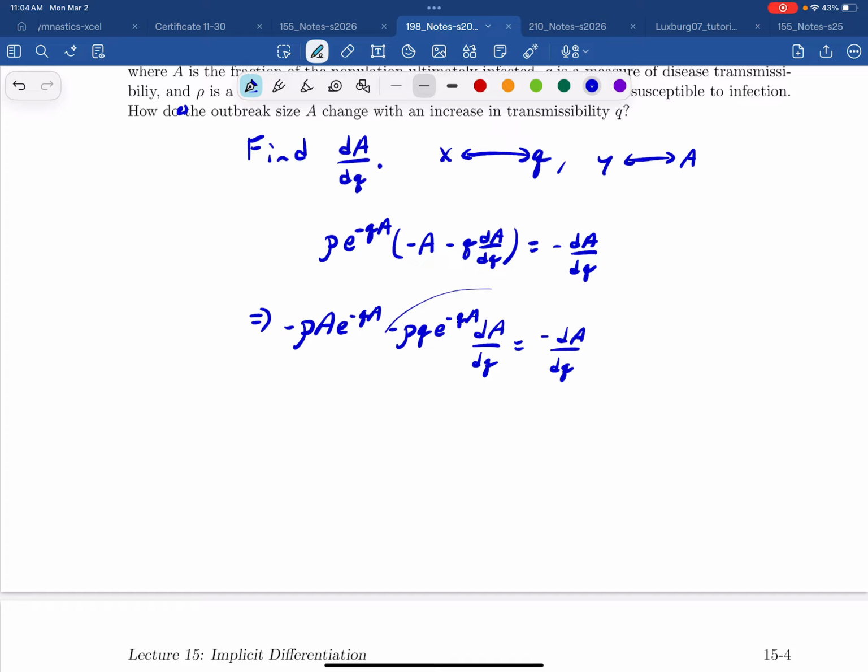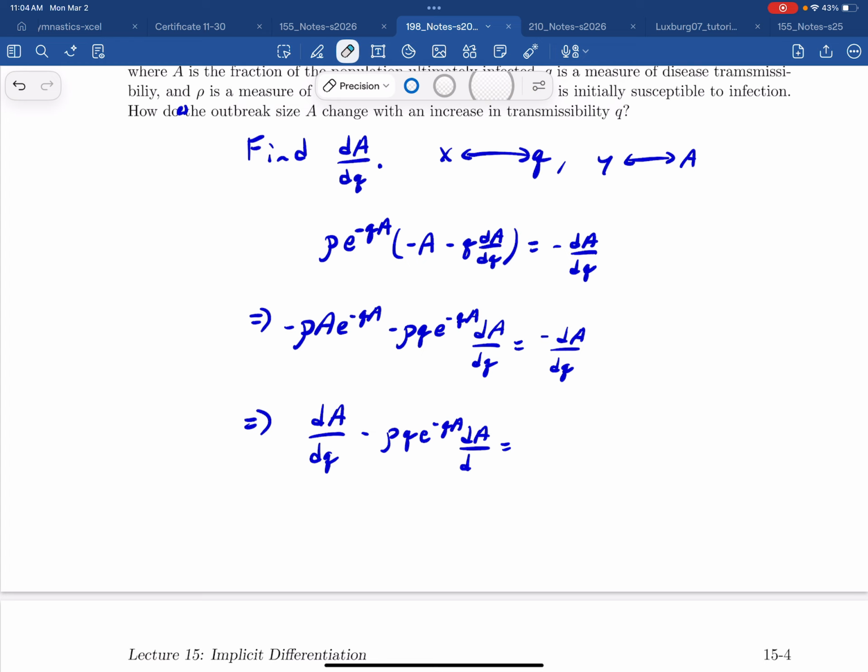And then we do the same thing. We group the dA over dQ terms together, and we're going to wind up getting this guy on the other side. So we get dA over dQ, adding the right side over, minus rho Q e to the negative QA dA over dQ, equals rho A e to the negative QA.